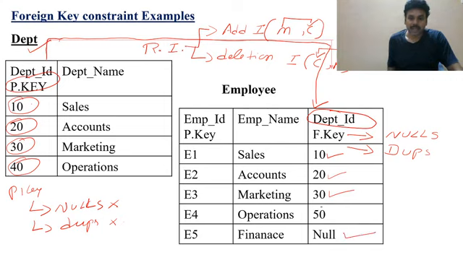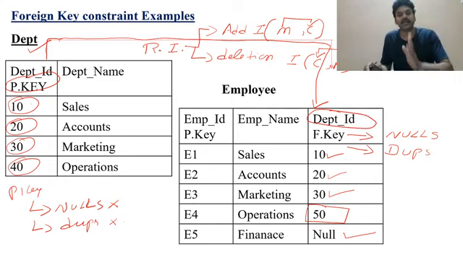But you look here: the 50 is not possible to insert here, as 50 is not available in master. This is the difference, friends. This is how you could prove foreign key with the help of the addition integrity feature. Every child value is supposed to belong to a master value.